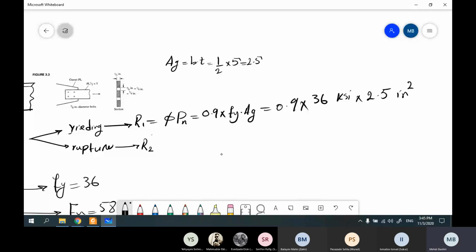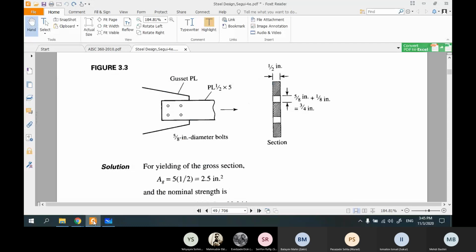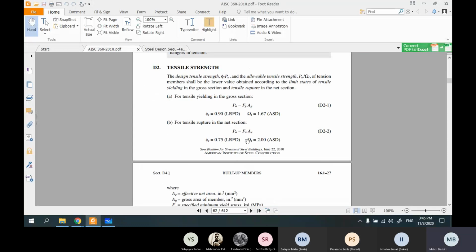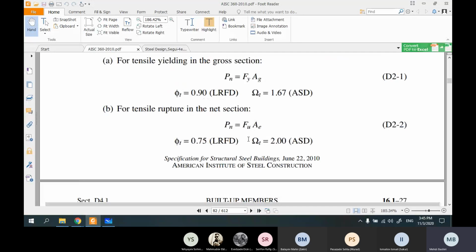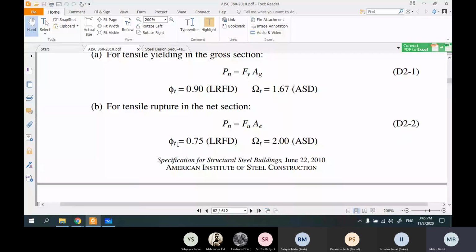The next one is rupture, and it's again phi Pn. In this case, what is phi Pn? It's phi Fu Ae, and phi is 0.75.